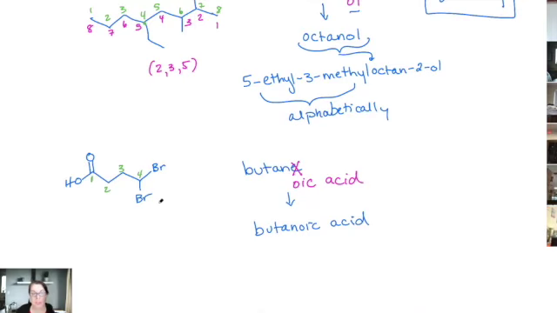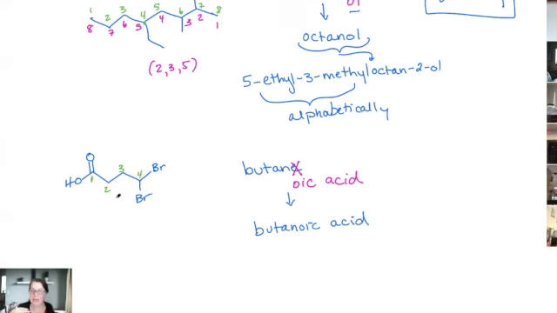So now we need to talk about how we're going to label where these bromo groups go. If we go back up to where it says alkyl halides, you'll see that when it's a substituent, so underneath the prefix column, it is going to be either iodo, bromo, fluoro, chloro.